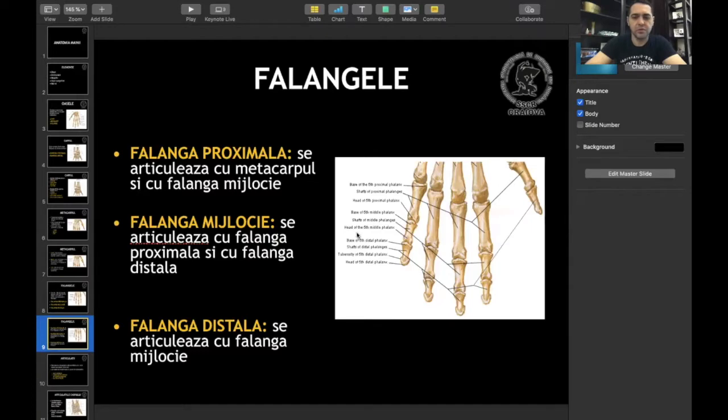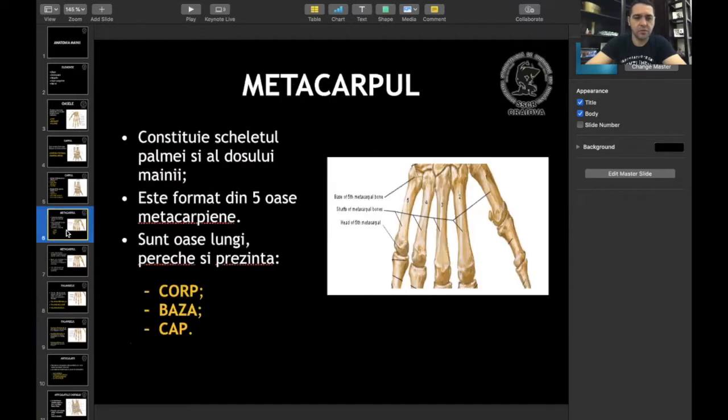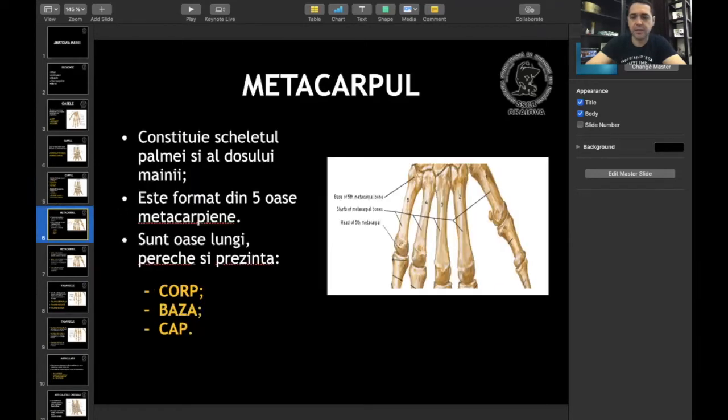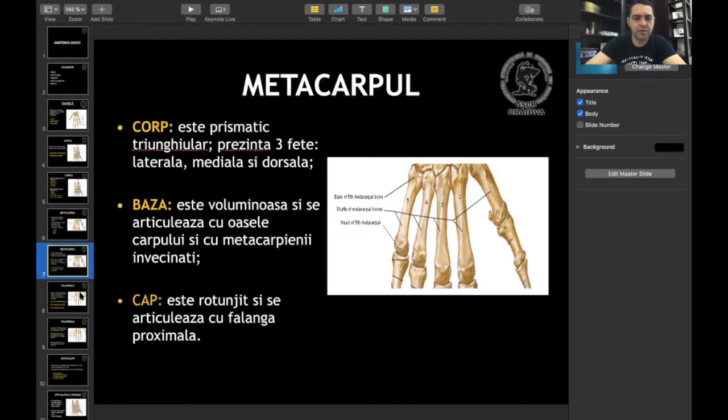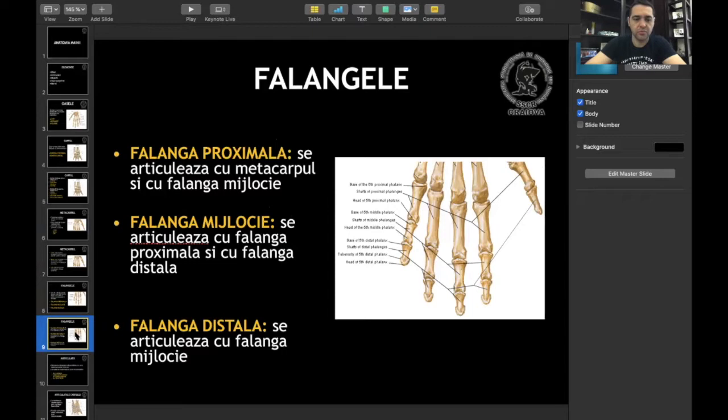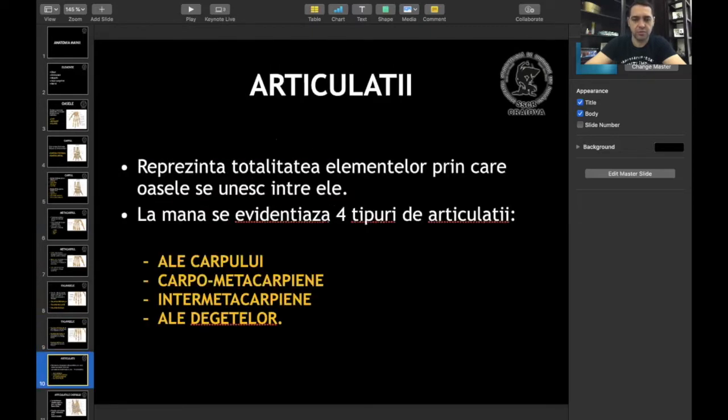We see also the joints here, so we'll go back, and we can see here the metacarpophalangeal joints, the proximal interphalangeal joints, and here the distal interphalangeal joints. Okay, these are the joints.